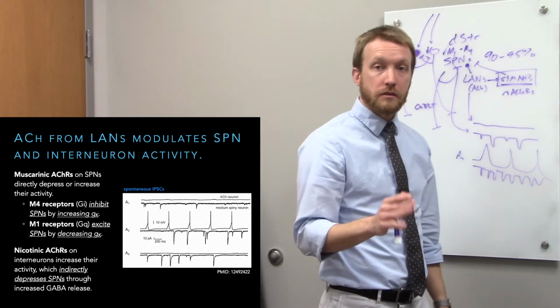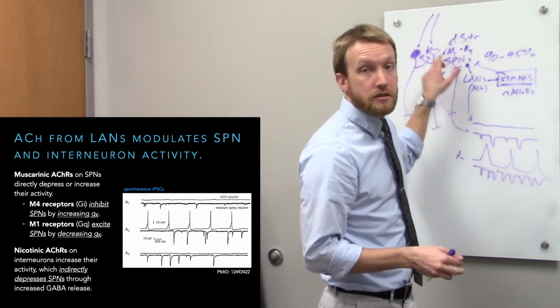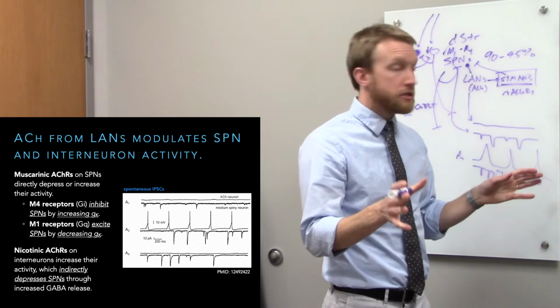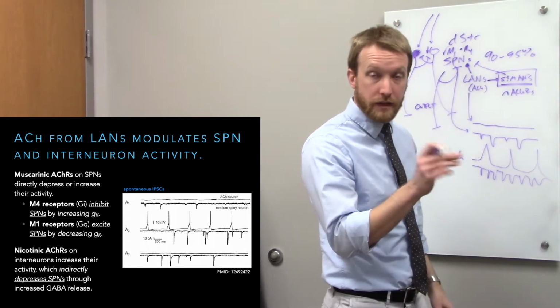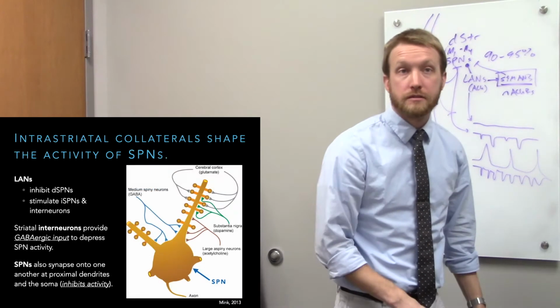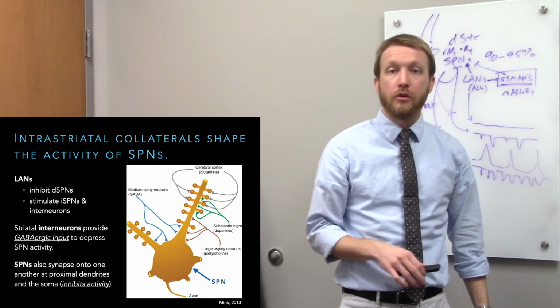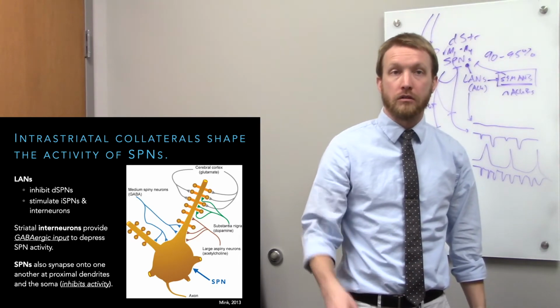They are going to stimulate excitation, though, in some spiny projection neurons. So they provide some diffuse inhibition via these interneurons, and then they're going to allow for selective excitation based on the muscarinic receptor that's expressed. And we'll go through these around the end of this talk whenever we put together all of the basal ganglia.